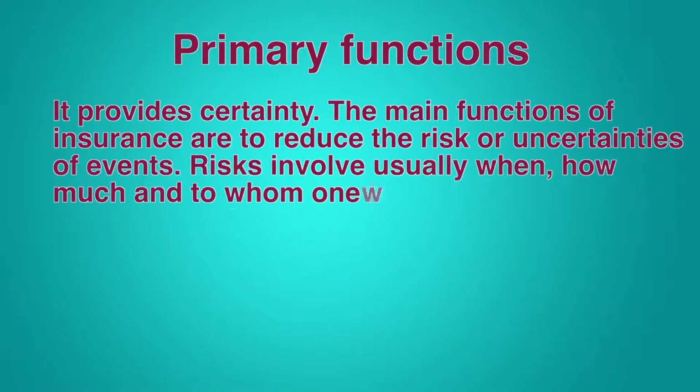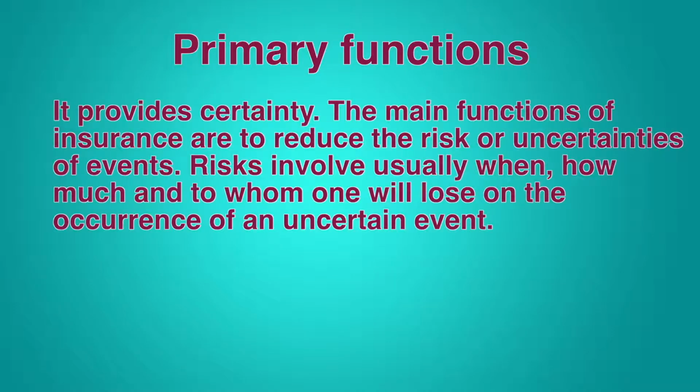It provides certainty. The main function of insurance is to reduce the risk or uncertainties of events. Risks involve uncertainty about when, how much and to whom one will lose on the occurrence of an uncertain event.